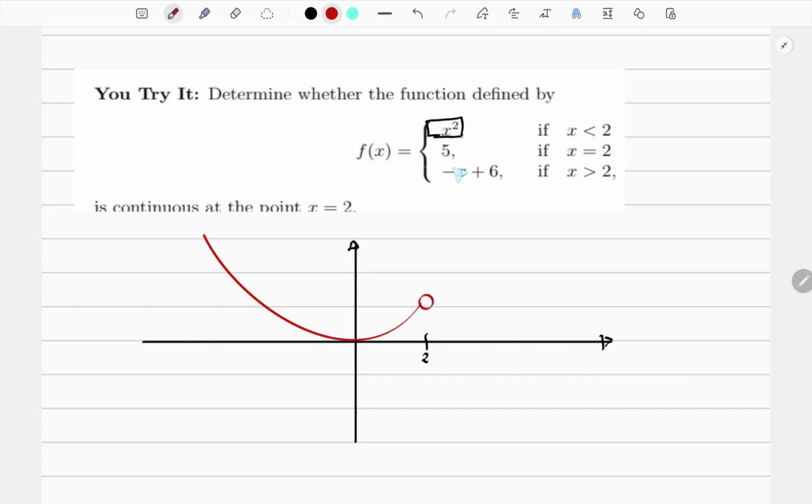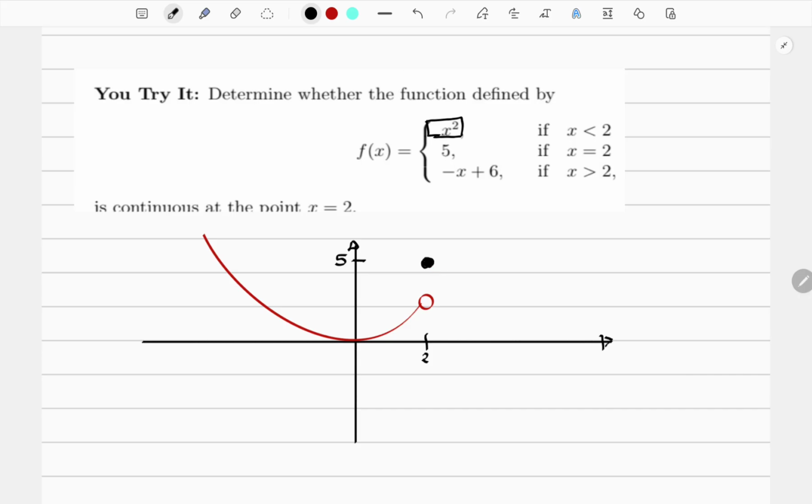Then the graph for when x is equal to 2, we have our graph being equal to 5. f of x is equal to 5. So y is equal to 5. I'm just going to put it here. That's where y is equal to 5 is. So I'm just going to put a dot there, since you can actually see that that one is just a dot.